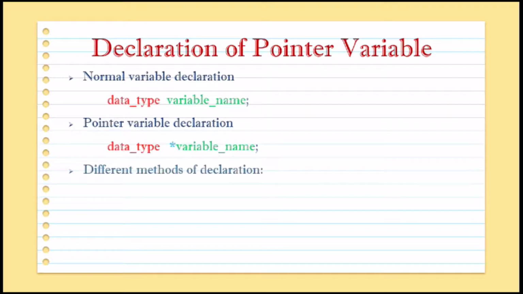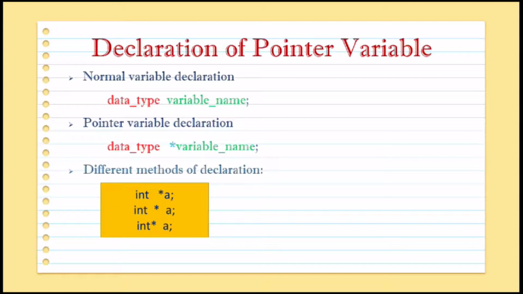There are number of ways in which we can declare pointer variable. First, data type, then space, and then star operator and variable name. That is int space then star a. Next one is data type, then space, then star operator, and then again space, and then variable name.